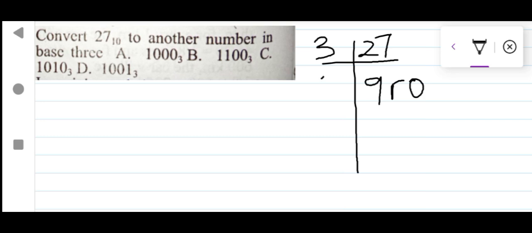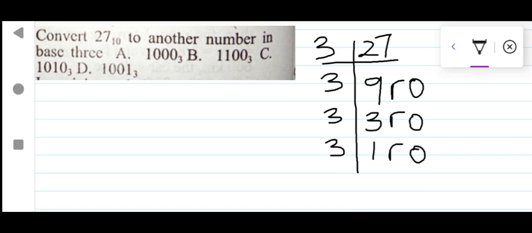Okay, go with the division again. How many 3 can you see in 9? That will be 3, remainder what? 0 as well. So let's go. How many 3 would you see in 3? That's 1 time, remainder 0. And now, how many 3 would you see in 1? That's impossible, that's 0. And that will remain 1.